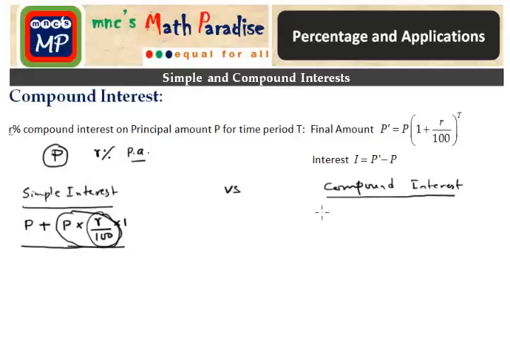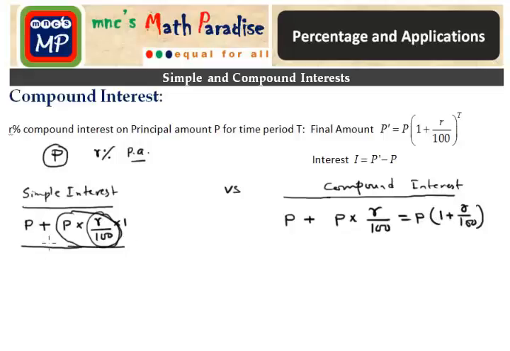That is also true for compound interest, because at the beginning of the year initial amount is P, and on P principal amount interest added is this much, R% interest. So after 1 year the amount becomes, if we take P common, P times 1 plus R division 100.